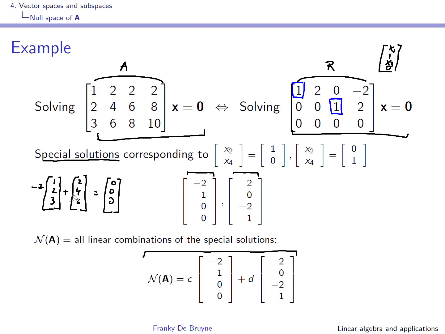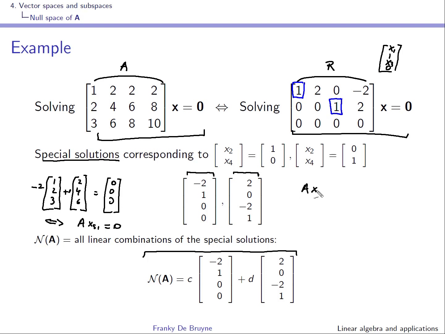So the 1 here corresponds to this one, and the -2 here corresponds to the -2 over here. This is equivalent to saying A times the first special solution is equal to 0. You can do the same thing now with the second special solution.